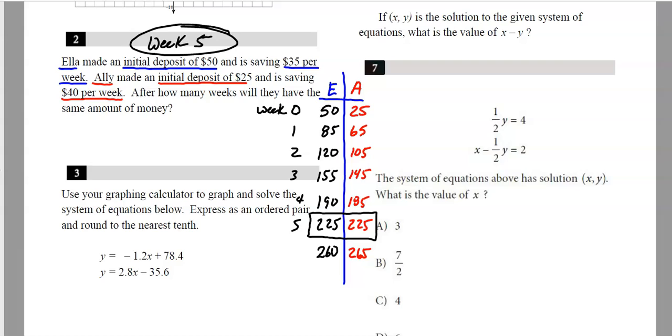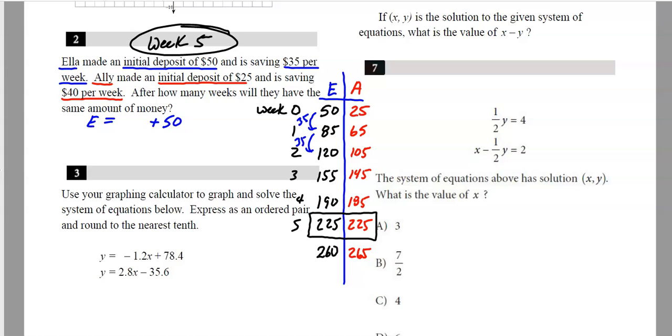All right, so that's using a table. But if we think of this table as a linear equation, basically what we did was we have a starting point for Ella. So Ella, she starts at 50. So that's like my y-intercept. I start at 50. And then if we look at what she's going up every week, she's going up by $35.